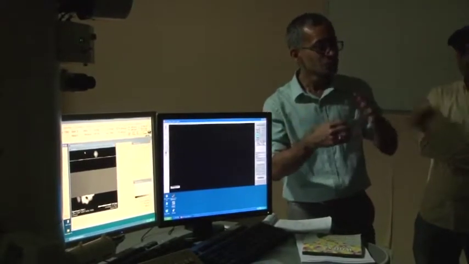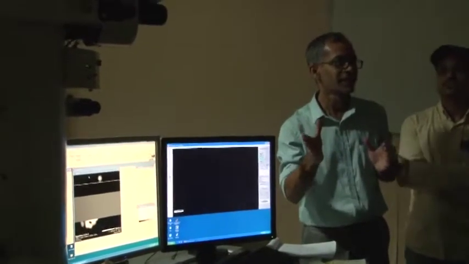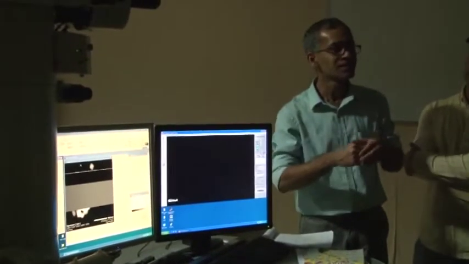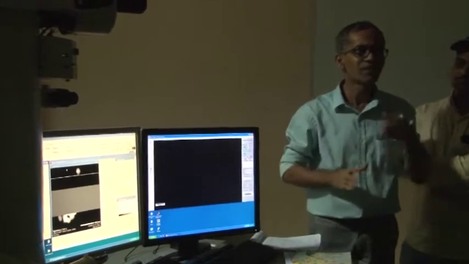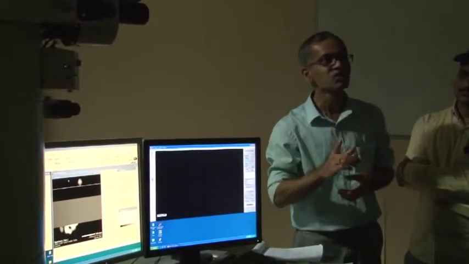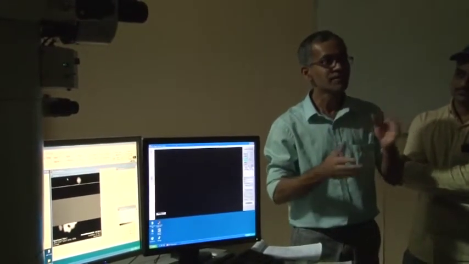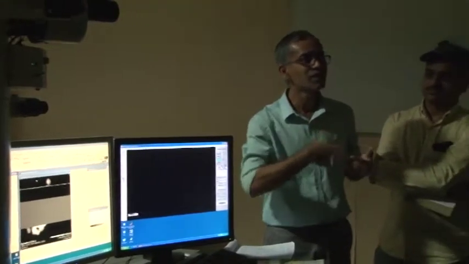Those X-rays should be absorbed by the lead glass. That's why this glass is made of lead glass. I don't know exactly what its composition is, but its function is that it will not let X-rays come out, because if they come out, then they will affect us.